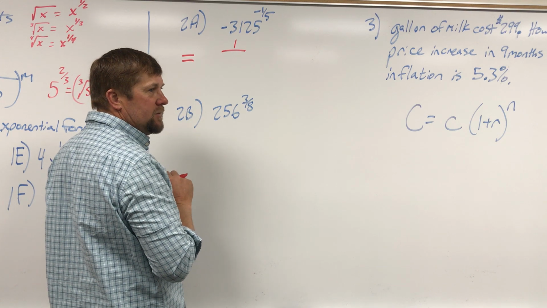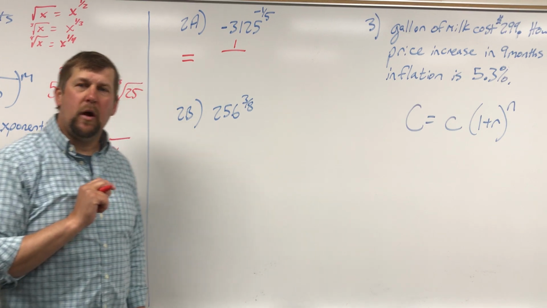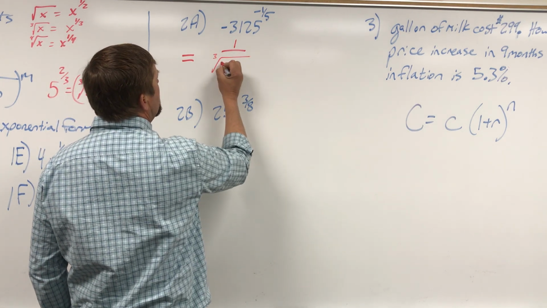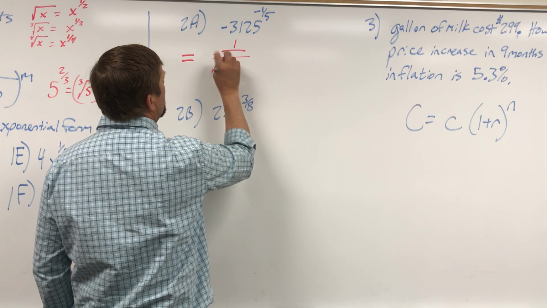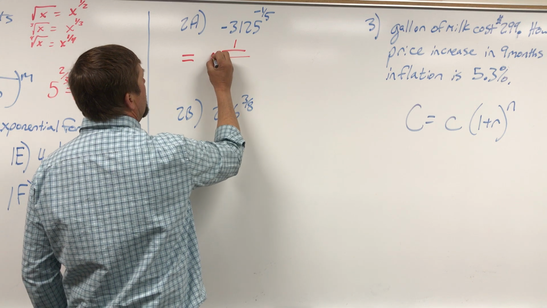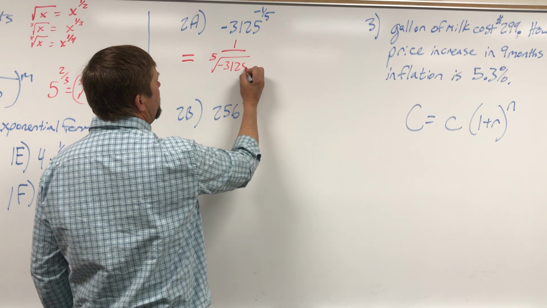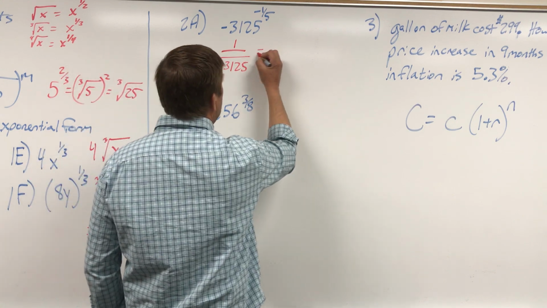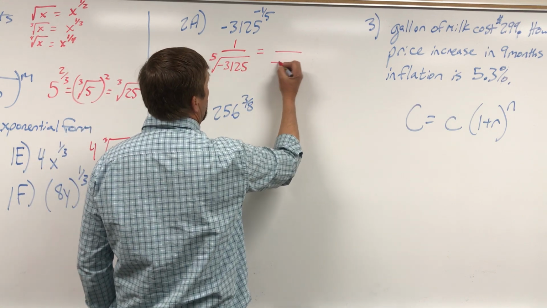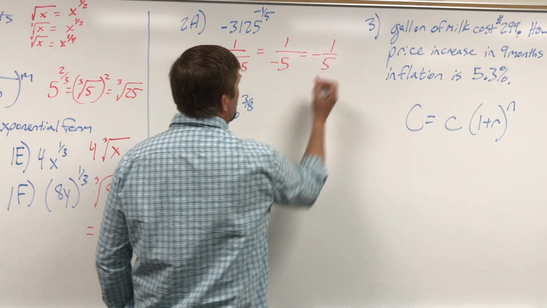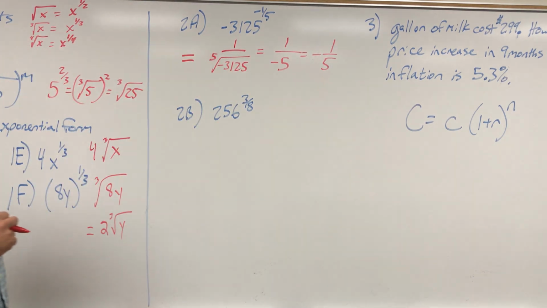The negative exponent is the same as 1 over, and then it would be the 5th root of -3,125, I'm sorry, I put a 300 there. The 5th root of -3,125, which I believe is -5. So my answer, or simplified fraction, is -1/5.